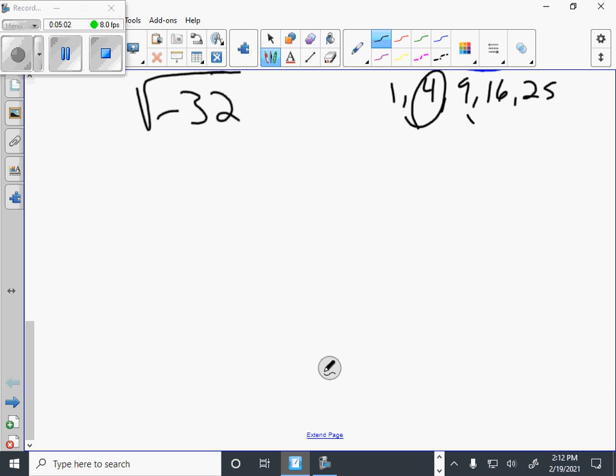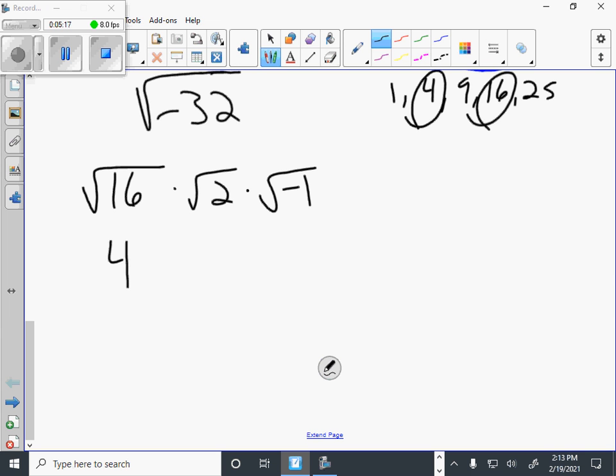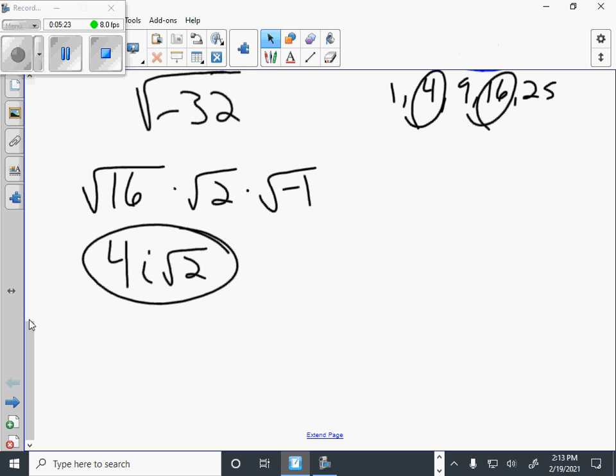But there's actually one bigger, 16. So the square root of negative 32, we could say the square root of 16, and the square root of 2, times the square root of negative 1. Well, square root of 16, that's 4. Negative 1, that's i, times the square root of 2. Good.